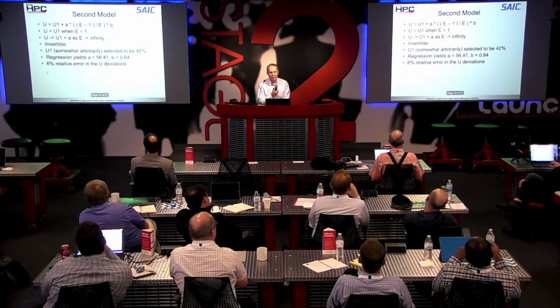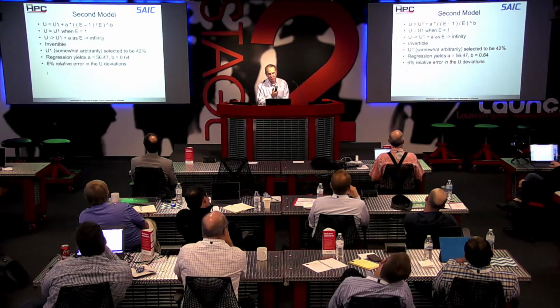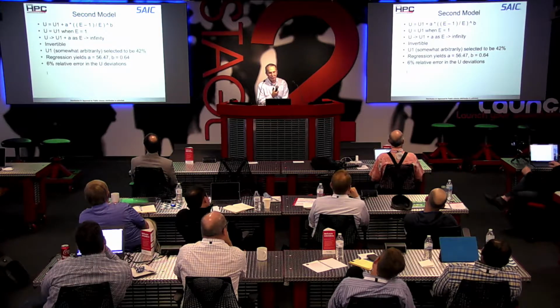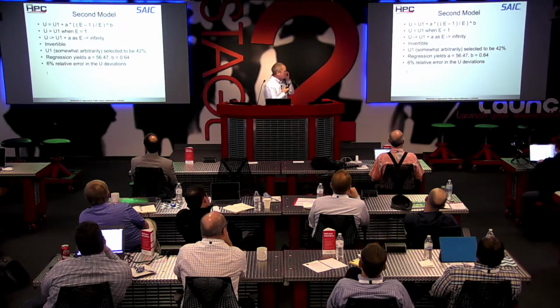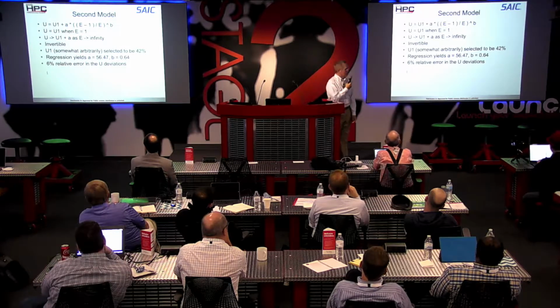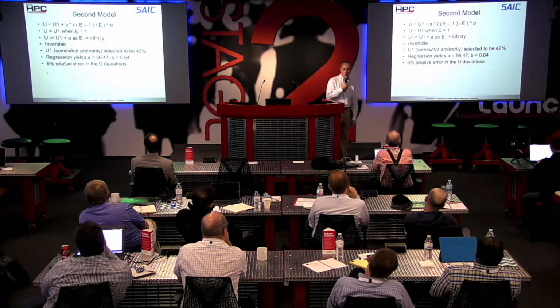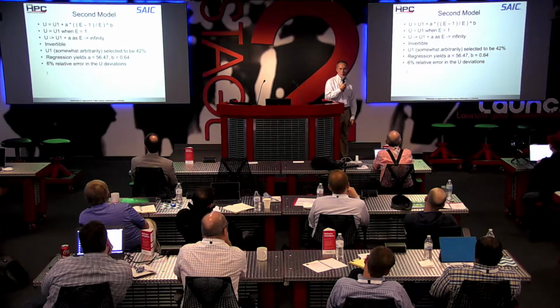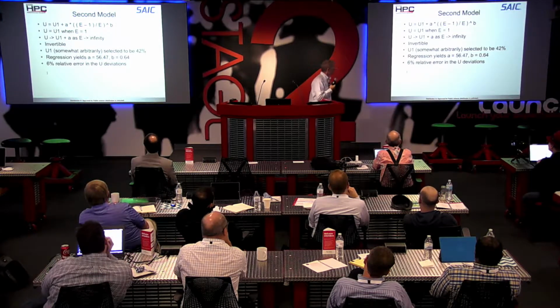And then the second one is U as a function of expansion factor, and it worked even a little bit better. And you'll notice in both of these, we somewhat arbitrarily selected a utilization of 42% as being the point at which expansion factor would be 1, which in my mind is surprisingly low, but that's about what the data ended up being.